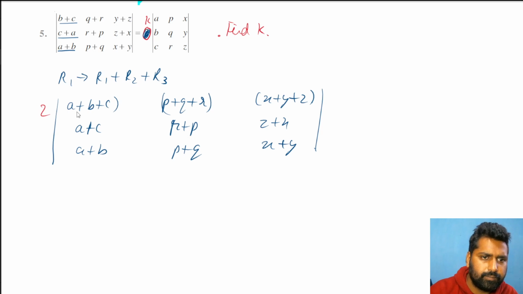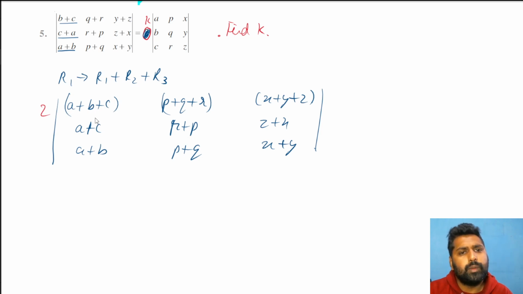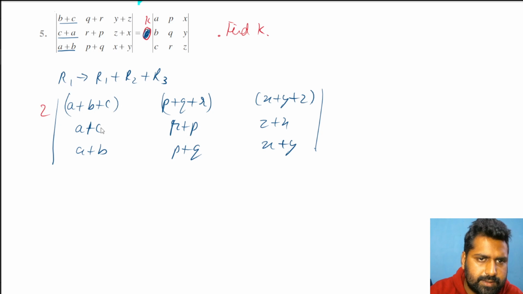Taken 2 outside. Now let's see. I want A to be here, B to be here. B and C can be easily generated. How we are going to use this is, you have to look for the position what is required.